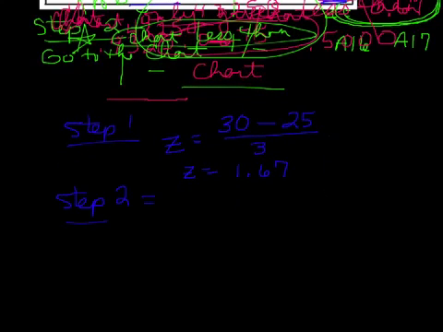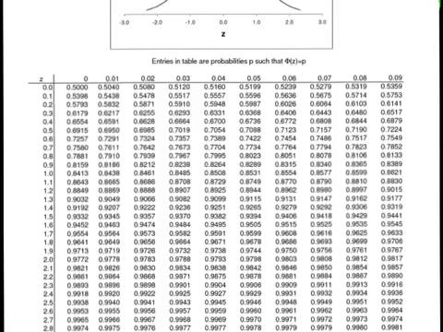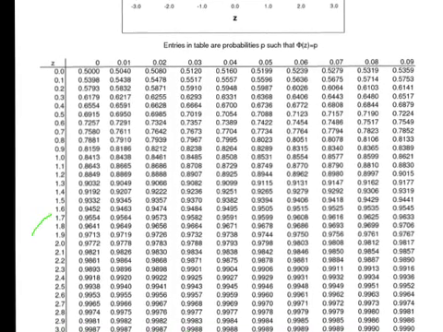I'm looking up the z-score of 1.67. So when I pull that chart up, I want to go to the z-score of 1.67. I've got to format this so you can see it. So I'm in the 1.6 row, and I'm in the 7, let me do red, I think it's easier to see with red. I'm in the 1.6 row, I'm in the 7 column.